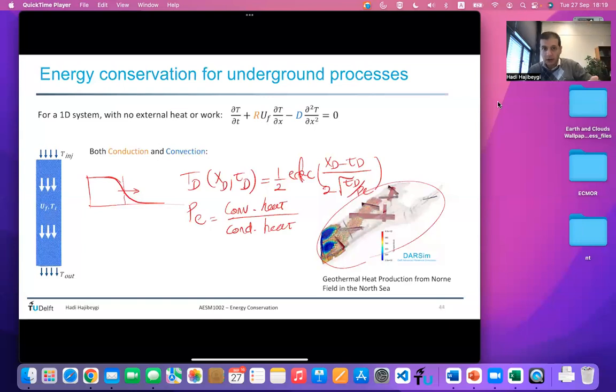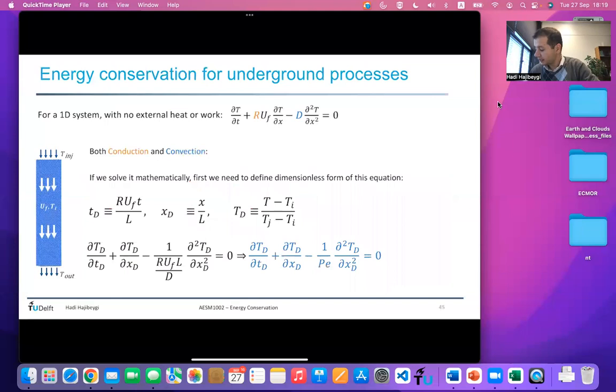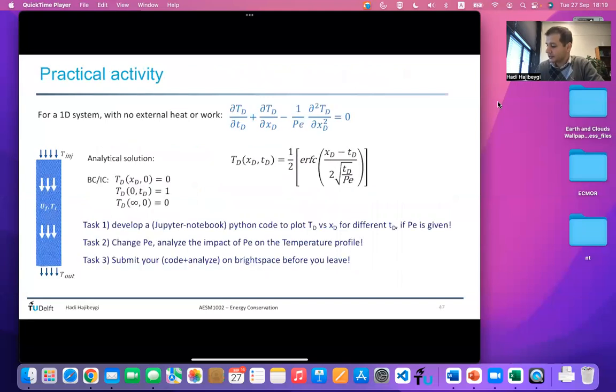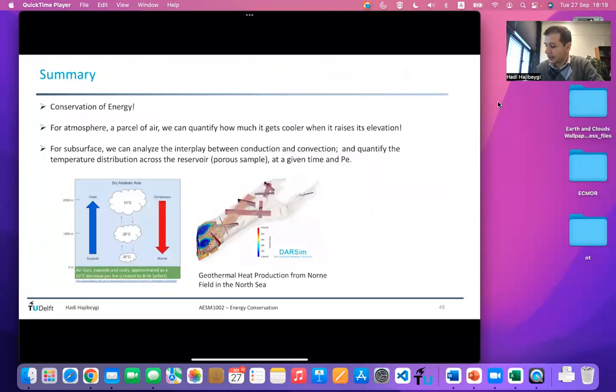If Peclet is smaller, then conduction becomes more important. And so with the non-dimensional form, we have found that would be the 1 over Peclet number. Peclet number comes here, and then we can study that, and we find that the exact solution to this problem will be given by that error function complementary, and we studied that in our practical session indeed.